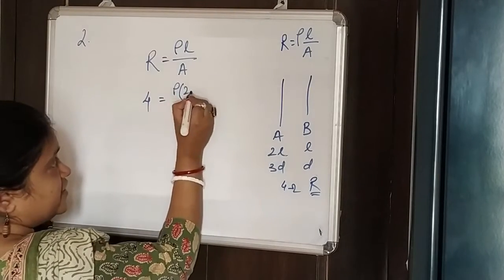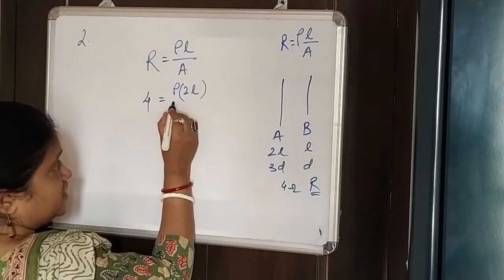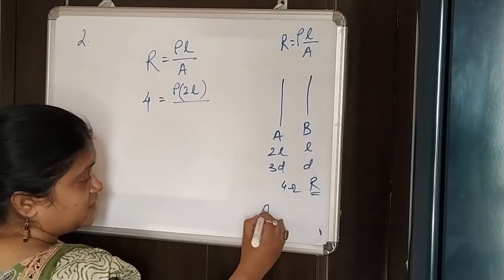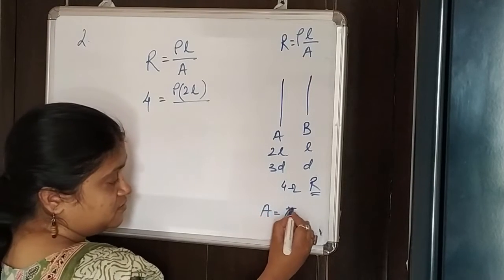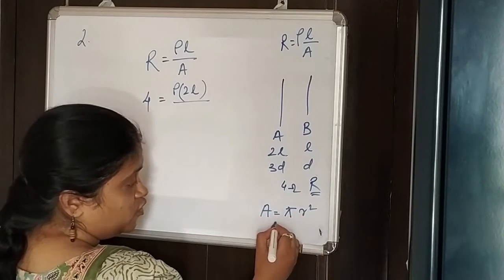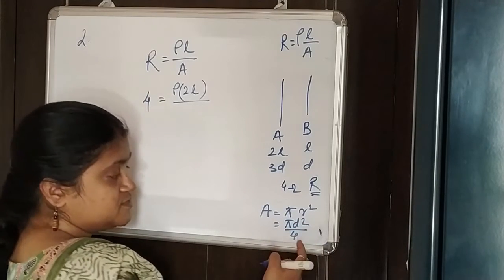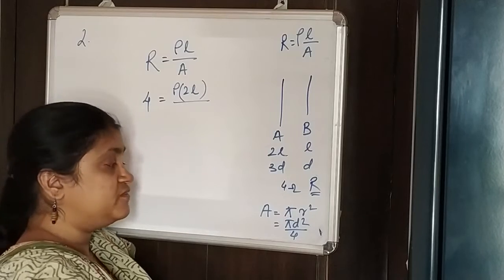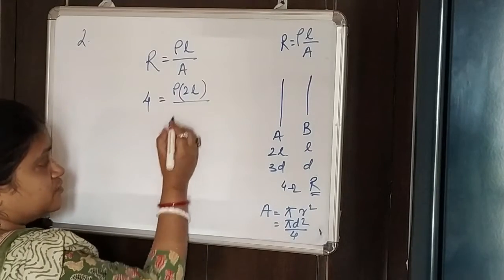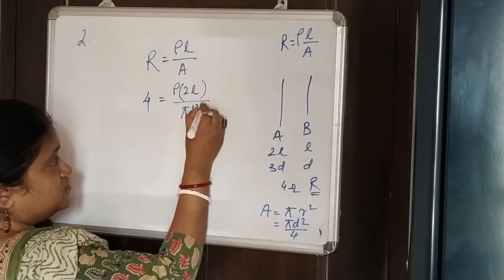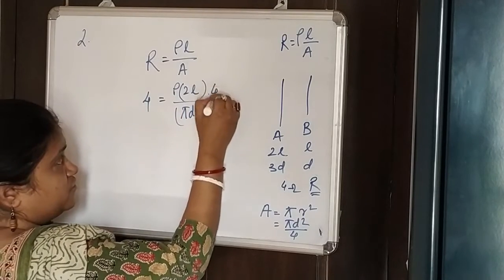in place of L we will write 2L. In place of A we have to write, as we know, A is pi r square, or we can write pi d square by 4. This is a similar thing that we have done in the previous numerical also. So in place of this we can write pi d square into 4.